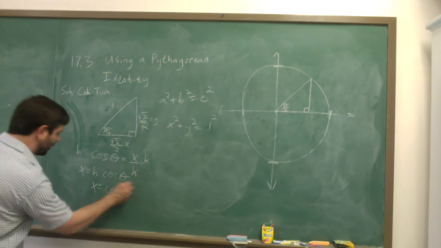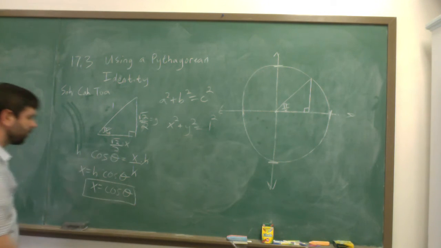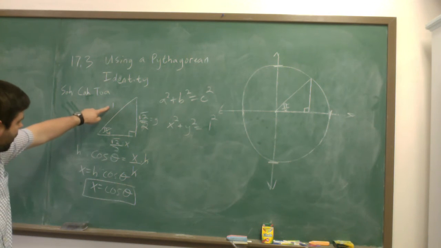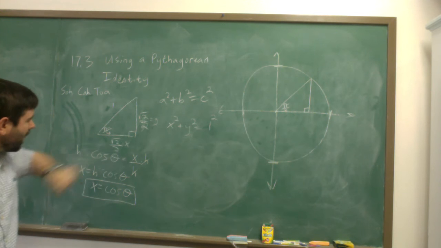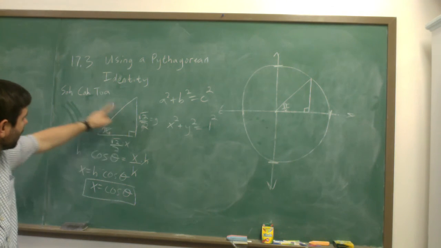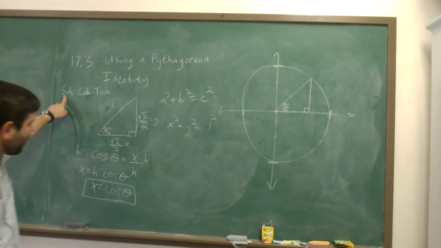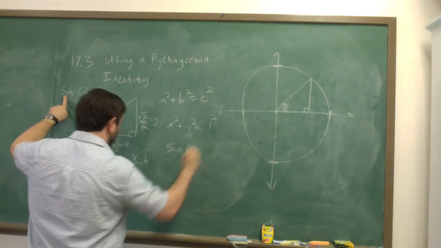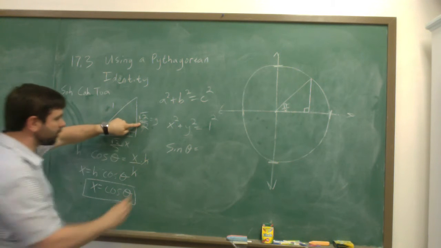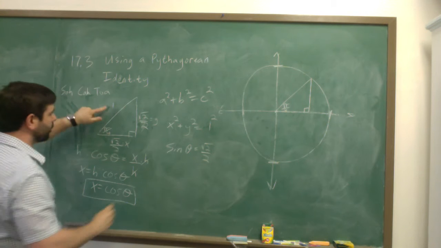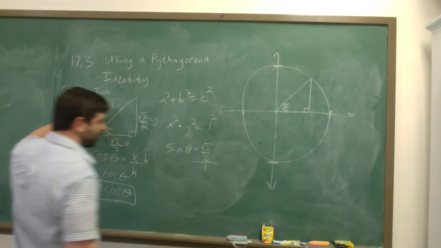We also proved that in our last video, so remember that. Just to review, how would we get y? Well, y is the opposite side to our angle, so we're going to use sine, opposite over hypotenuse. Sine of theta is going to equal root 2 over 2 over 1, which is the same as root 2 over 2.